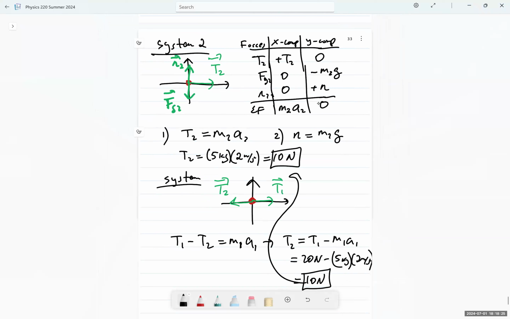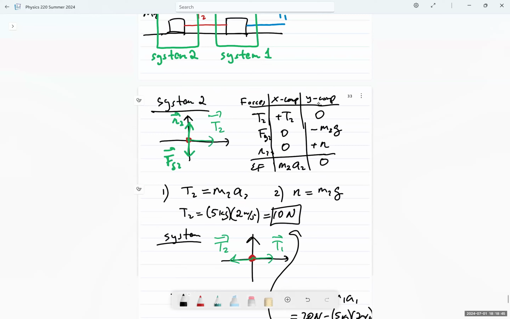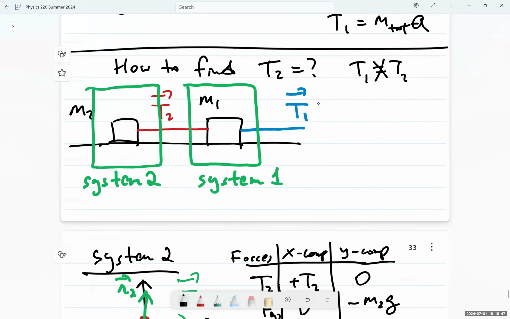But from this particular example, we can see that the rope that connects box 1 and box 2 is inside the system, so it's an internal force, but it's the same 10 newtons that is acting on M1 and M2. That means if I'm looking at M1, then the rope, rope 2, is acting on M1 to the left.